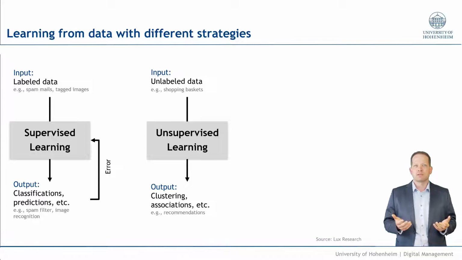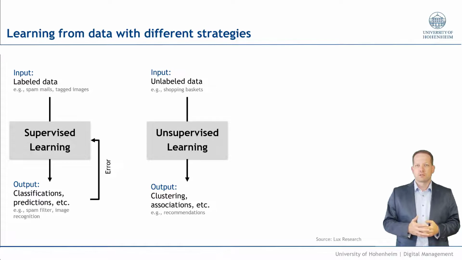Unsupervised learning, well, there's a difference in the input. You have unlabeled data. For example, you have shopping baskets. So imagine running an online shop, an e-commerce shop, and there you have the shopping basket. You see which different products customers typically bundle together in one basket before going to the checkout. And you might want to know, what does a typical shopping basket look like? Given that somebody buys beer, what else is he likely to have in his shopping basket?